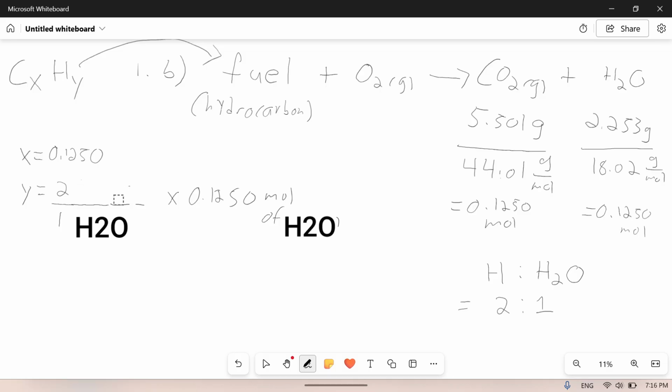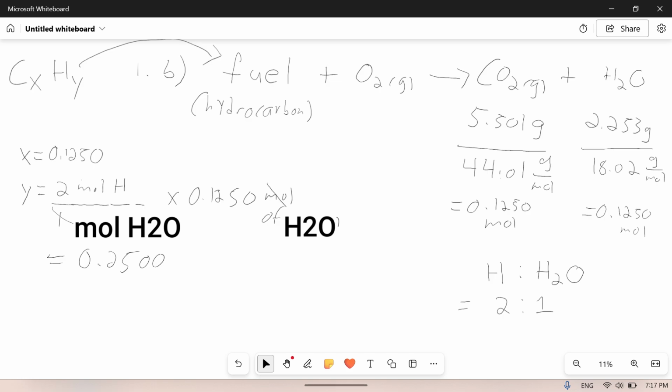I'll write mole of H so that these cancel out properly. Particles and moles are directly proportional, so we could use either one, but just to try to make this clear, I want these moles of H2O to cancel out, and I'll be left with moles of hydrogen, which is double the moles of water. 0.250. Okay.